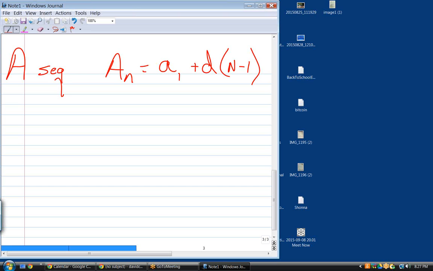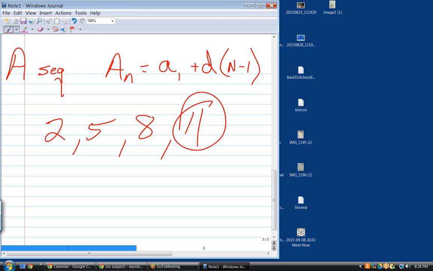The difference between the recursive is always, A sub n is always a function of A sub n minus 1, whether it's arithmetic or geometric. Have you done geometric also? Or just arithmetic so far? Just arithmetic so far. Okay. So you can tell that anything that's an arithmetic sequence, if I had something like 2, 5, 8, 11, any term is going to be the last term plus the difference, right?